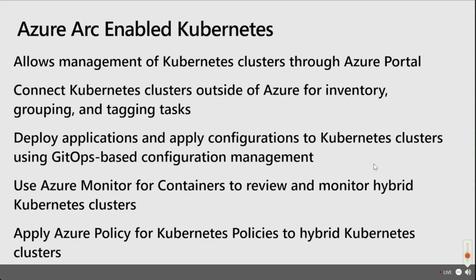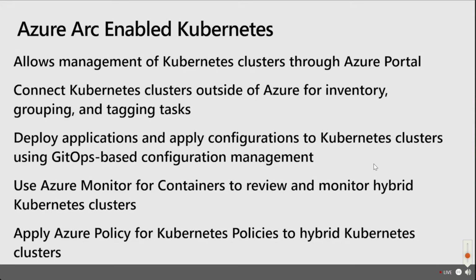It allows you to connect Kubernetes clusters outside of Azure, and you can perform inventory, grouping, and tagging tasks. You can deploy applications and apply configurations to Kubernetes clusters using GitOps-based configuration management. You can use Azure Monitor for containers to review and monitor your hybrid Kubernetes clusters. And you can apply Azure Policy for Kubernetes policy to hybrid Kubernetes clusters.